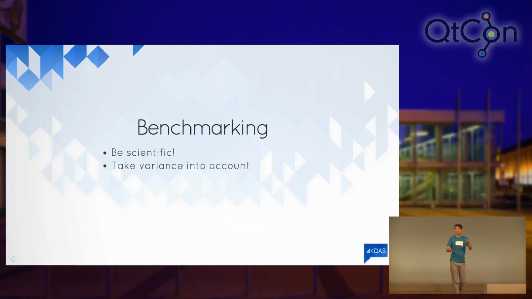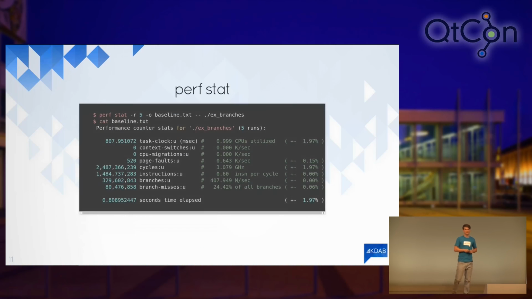You need to take variance into account. Maybe you run it once and then the second time there's a change in cycles, but do you actually know whether the difference is significant or not? Is it within the variance interval or not? You need to measure these things. And comparing before and after is also extremely important. And perf stat allows most of that.